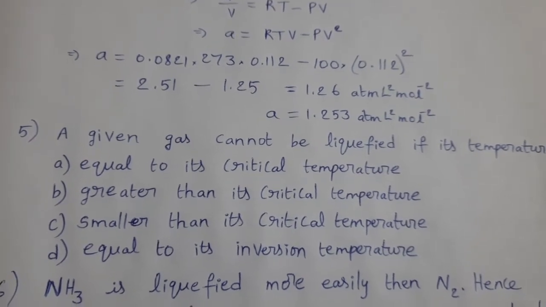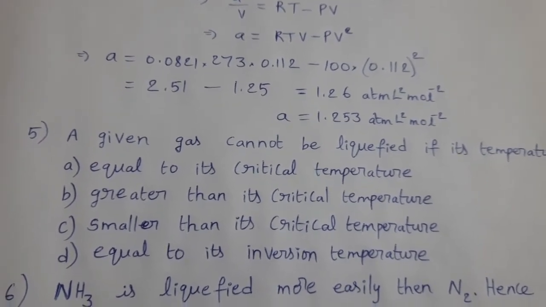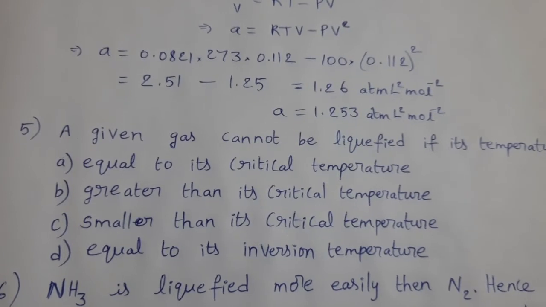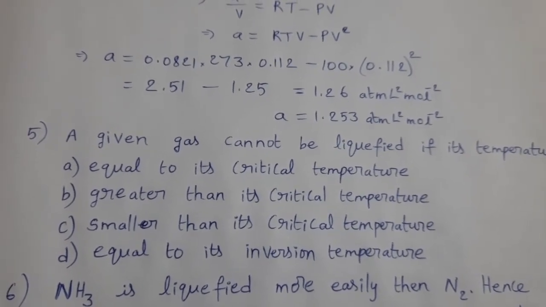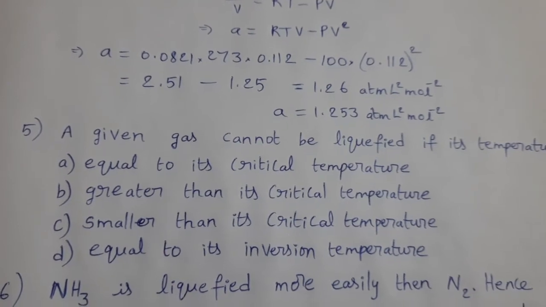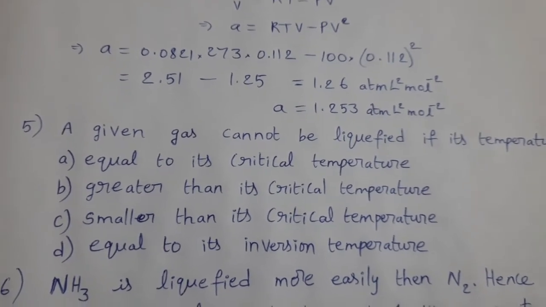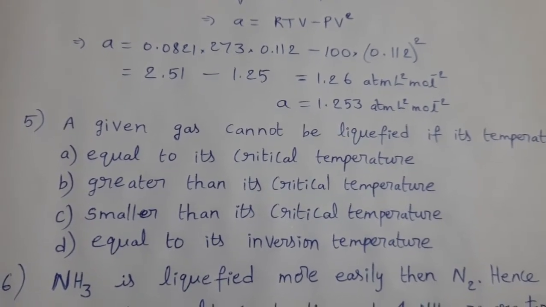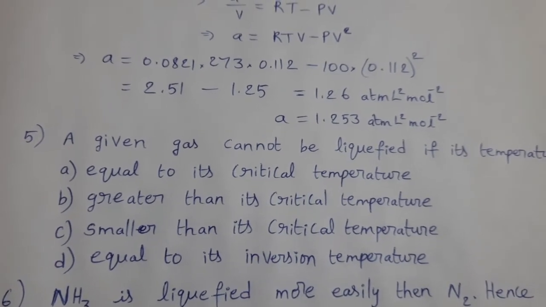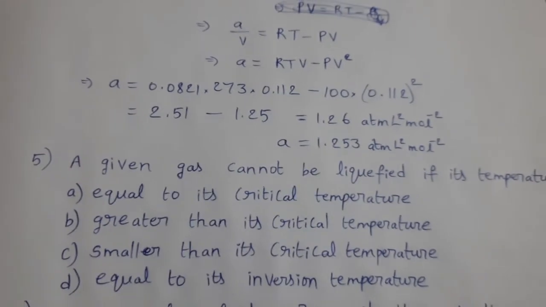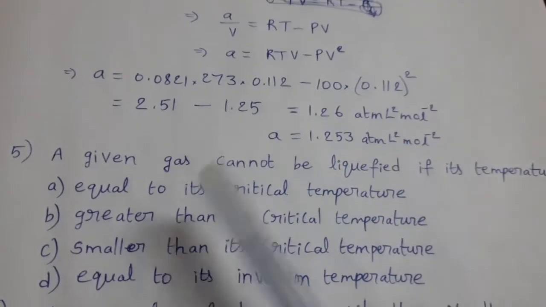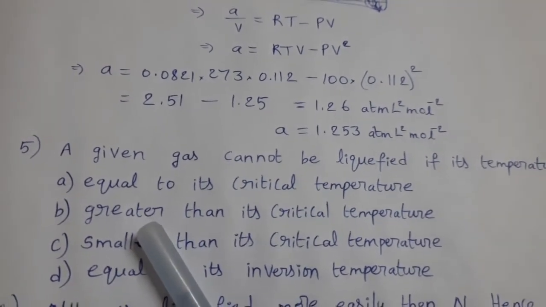For a gas whose temperature is greater than critical temperature, we cannot convert that gas into liquid. In order to convert a gas into liquid, we should decrease its temperature below its critical temperature. If the temperature of the gas is more than critical temperature, it cannot be converted to liquid state. So option B is the answer.